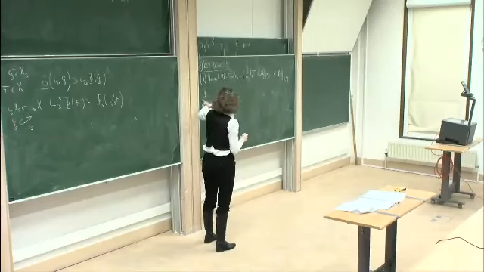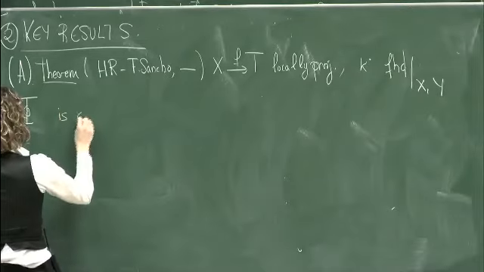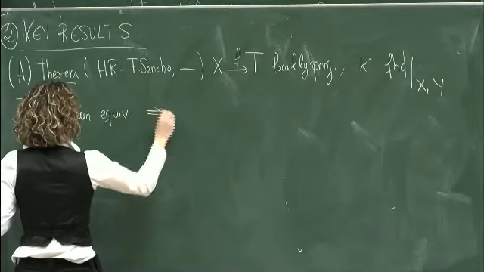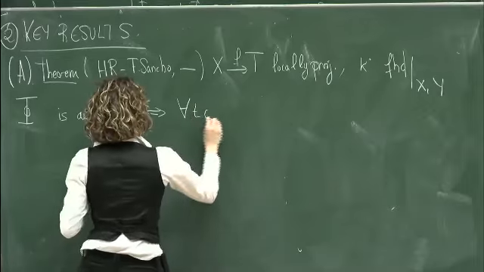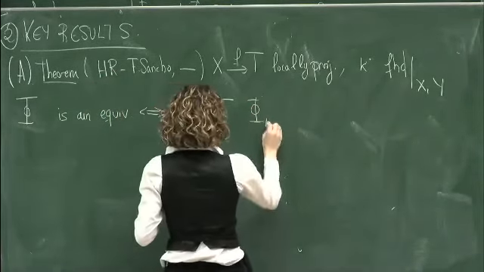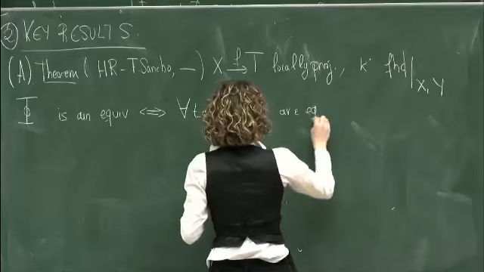Your functor is an equivalence or fully faithful if and only if for all T the induced functors are equivalences.